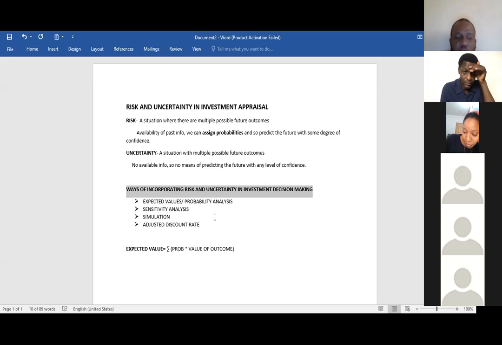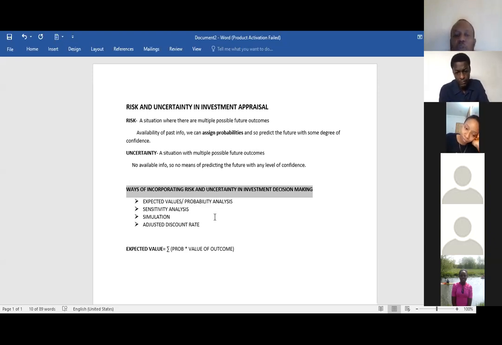With probability analysis, what we're doing is assigning probabilities based on different potential outcomes. It might be that for a particular situation that's going to happen in the future, we make assumptions that there might either be a good, a moderate, or a bad outcome.